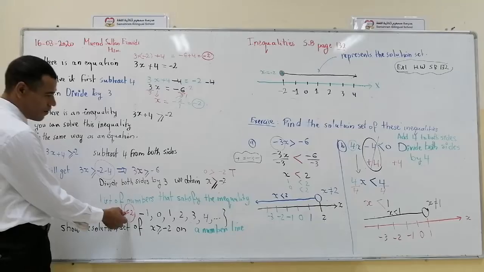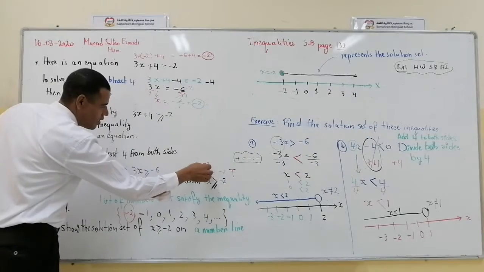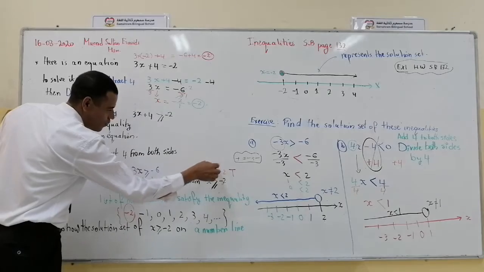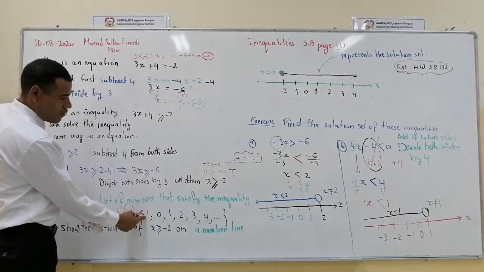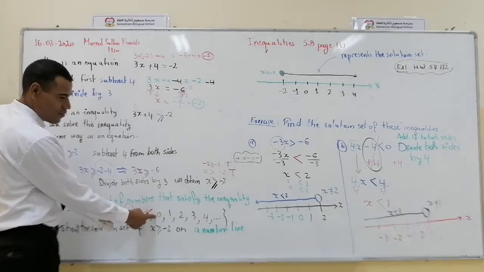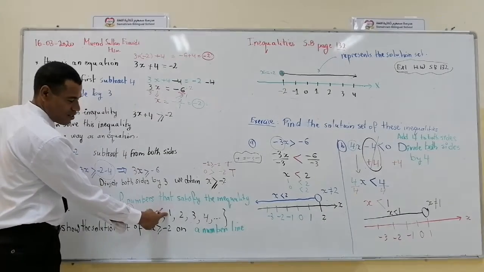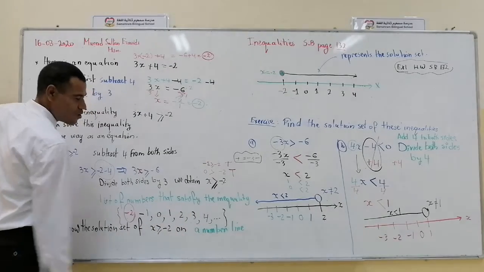So the first number is negative 2, because negative 2 is greater than or equal to negative 2. True also. Okay, so here, then give me a number that is greater than negative 2. Yes, negative 1. Very good. 0. Yes. 1. Yes. 2. The next 3, 4, and so on.